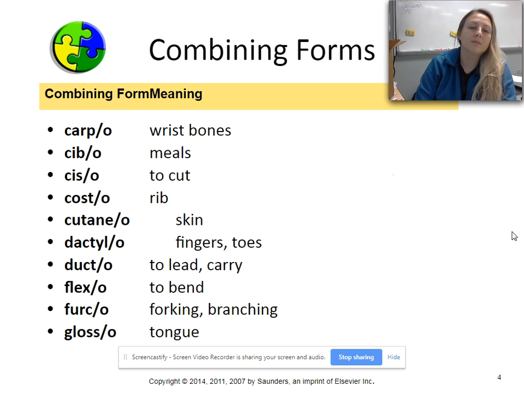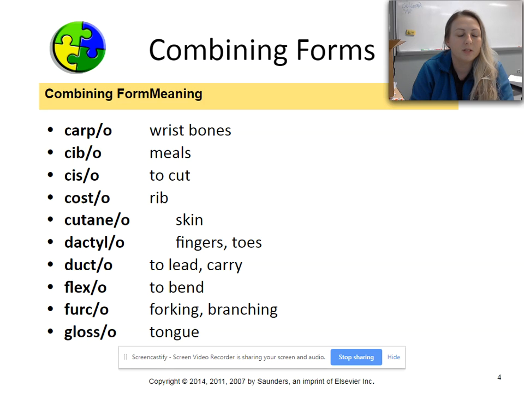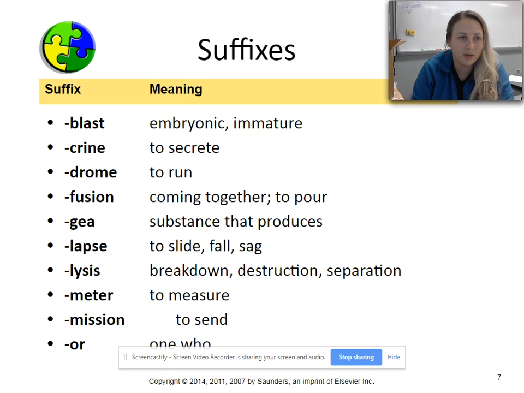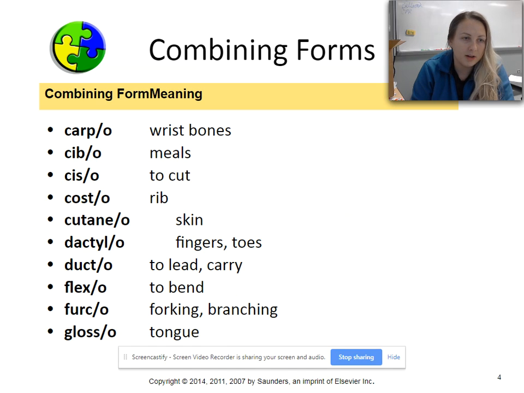So, some prefixes. These are combining forms. They're giving you more combining forms. All right, so carpal, like carpal tunnel, are the bones in your wrist. Carpal means wrist bones. Sito means meals.